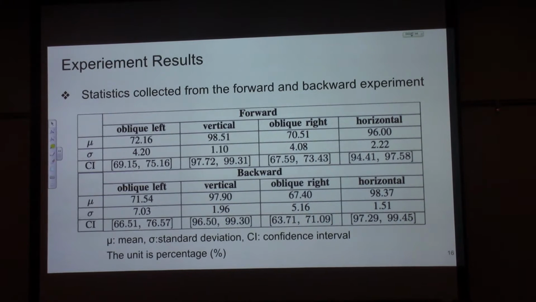Following is the statistical analysis of our result: oblique left and oblique right have greater standard deviation than vertical and horizontal, for both forward and backward.